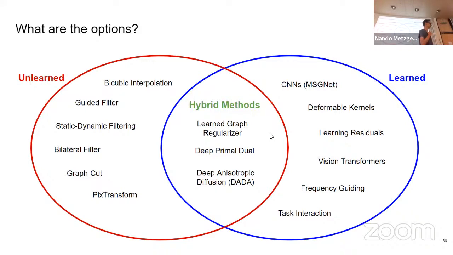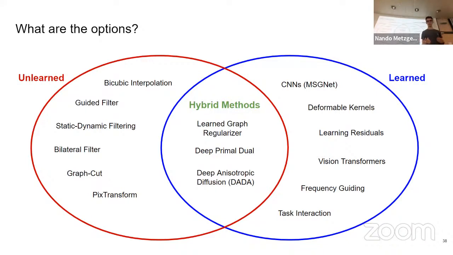For me, the definition of a hybrid method is that you can use it as an unlearned method and it works perfectly fine. But there should also be some mechanism where you can enable a deep learning backbone or the like to run it in a data-driven fashion.